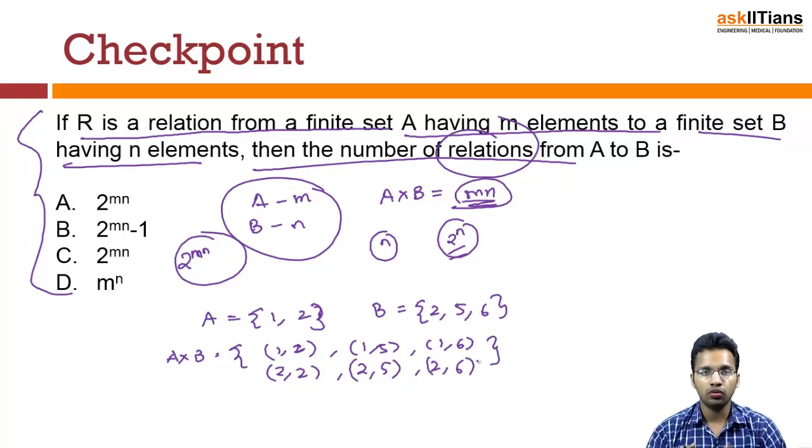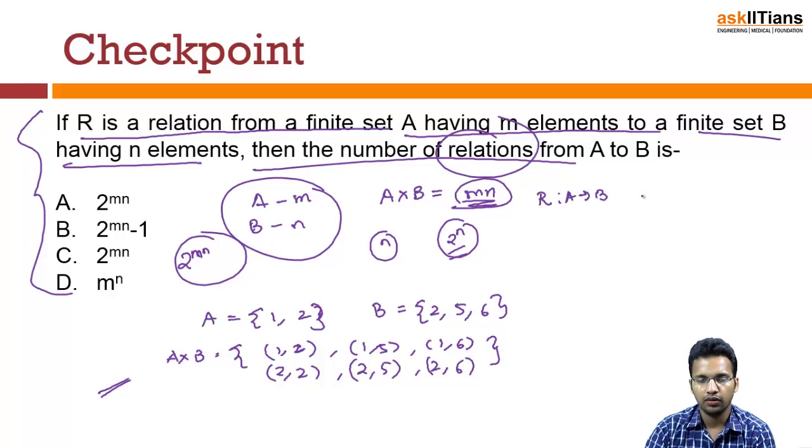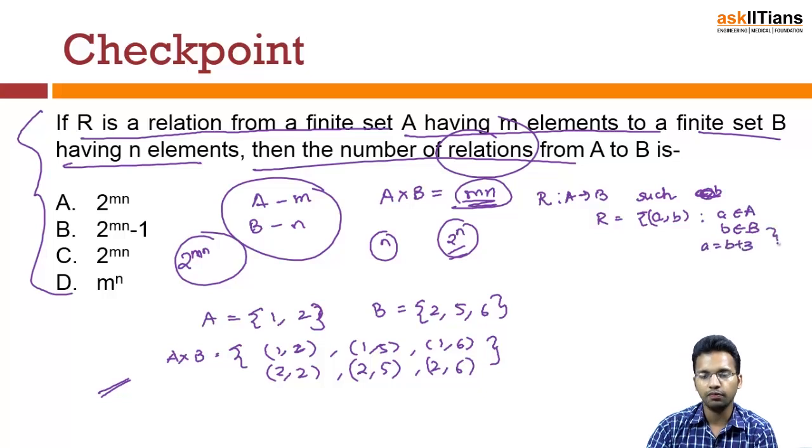Now what do I mean by relation? This is a Cartesian product. Now if I say let us form a relation from A to B such that R is equal to (a, b), where a belongs to A and b belongs to B, and a is equal to b plus 3. Now this becomes a relation.